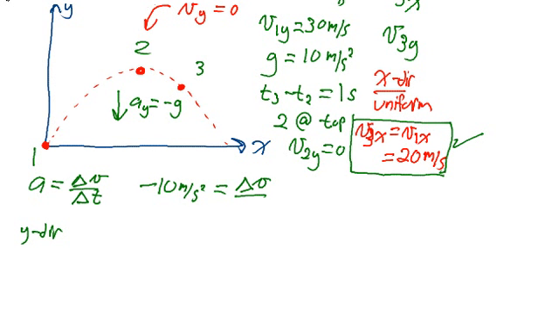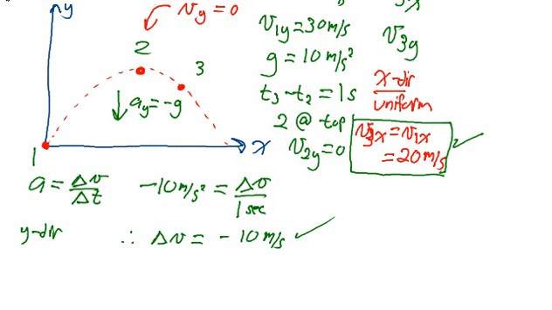And if we consider a time interval of 1 second, then the change in velocity that's going to occur over that time interval will be equal to negative 10 meters per second. So the y velocity is going to gradually decrease until it becomes 0, and then it will increase as it comes back down.